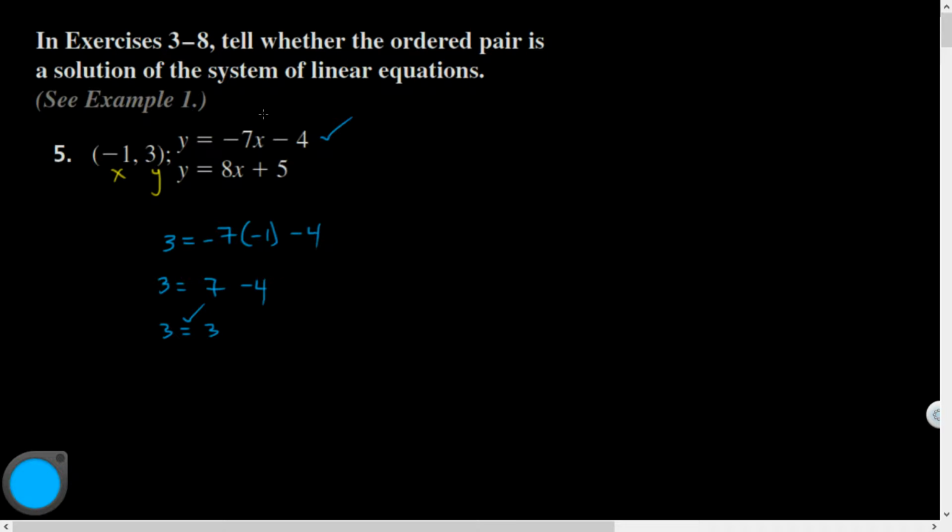Like I already said, there are infinitely many points on a line, so I could have found one of those infinitely many, and it might not work on the next line. So let's try out the next equation. So for y and x, I'm going to plug in the 3 and the -1. So 3 equals question mark. I'm wondering whether or not it's equal. 8 times -1 plus 5.